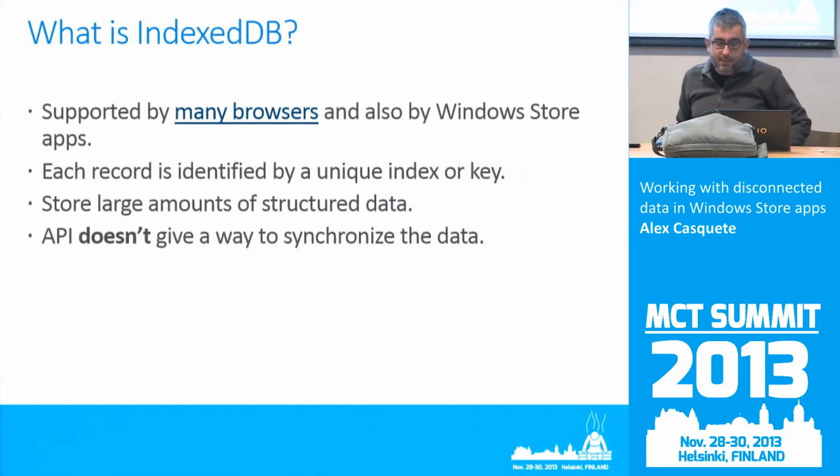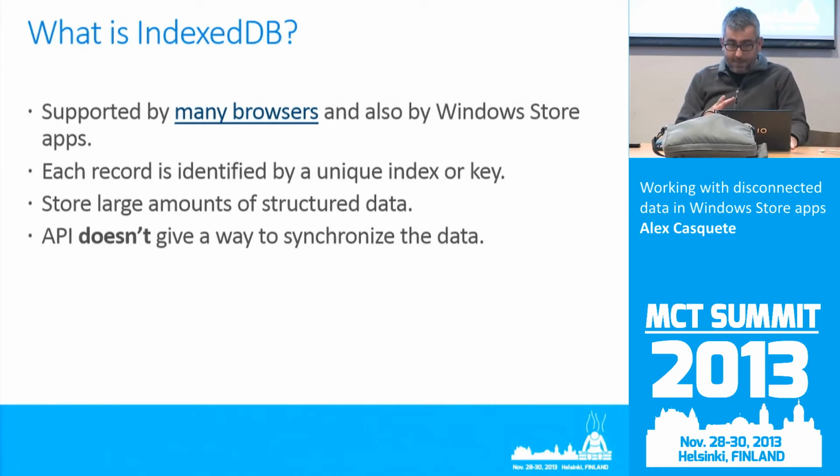IndexedDB is a database engine supported by many browsers and also by Windows Store applications. We can store key-value pairs, and each record is identified by a unique index. We can also store a large amount of data: images, objects, arrays.